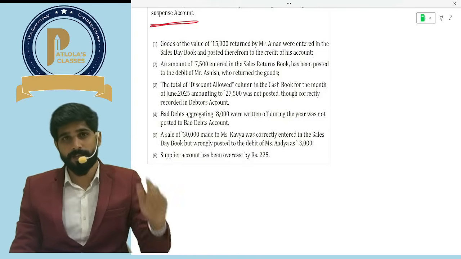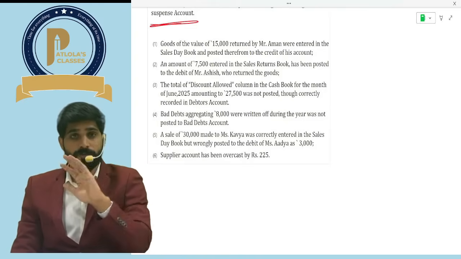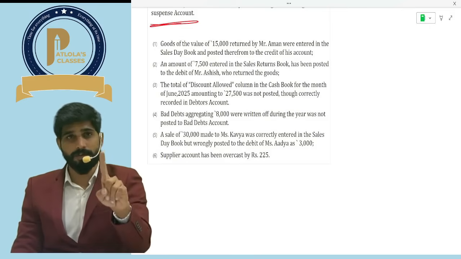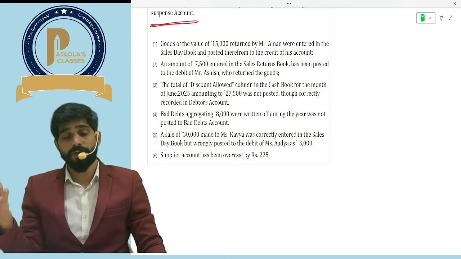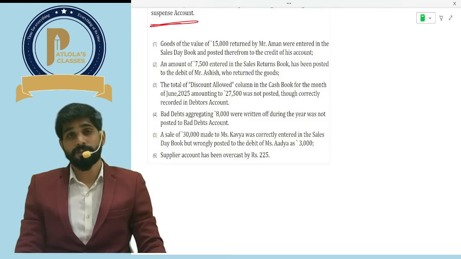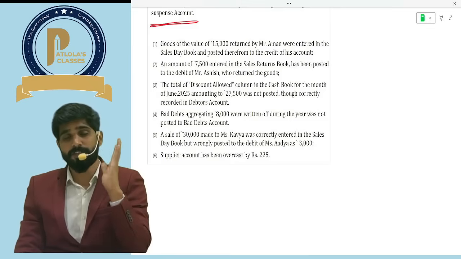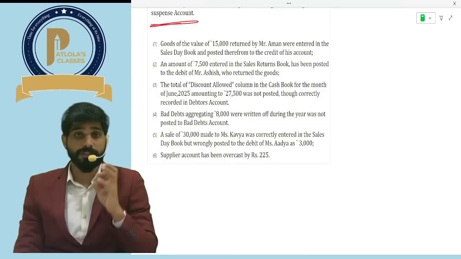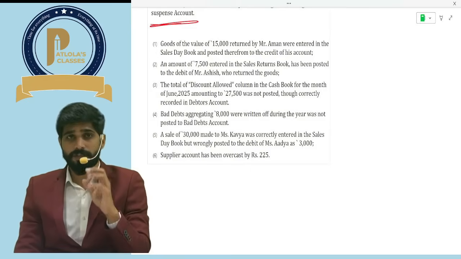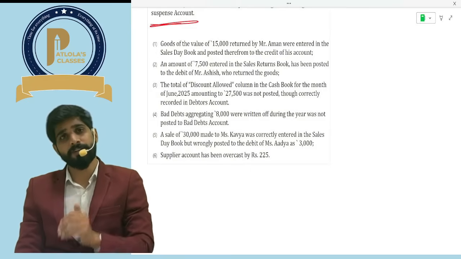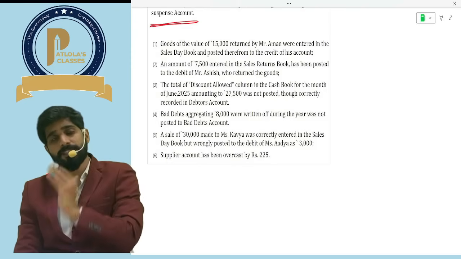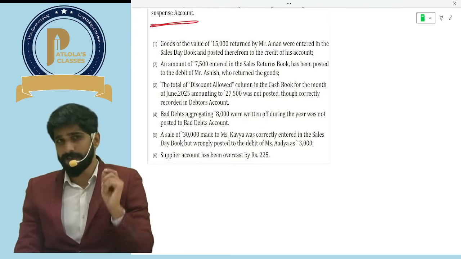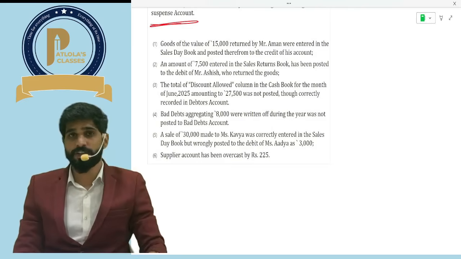Trial balance will not tally. Debit side, not 15,000 but 30,000 will be missing, because once you have not taken on debit side, and second, you have taken more sales on the credit side, so suspense will have a debit balance. That is, trial balance is not tallying on the debit side by 30,000. Suspense will have a debit balance of 30,000. Now that we are rectifying the error, suspense should be cancelled by crediting, and sales should be cancelled by debiting, and sales return has to be actually debited.